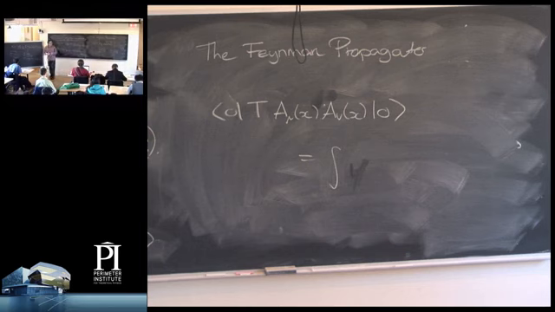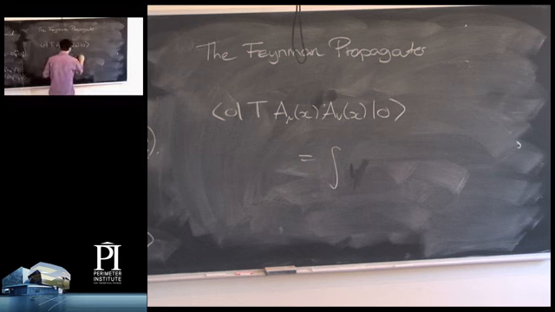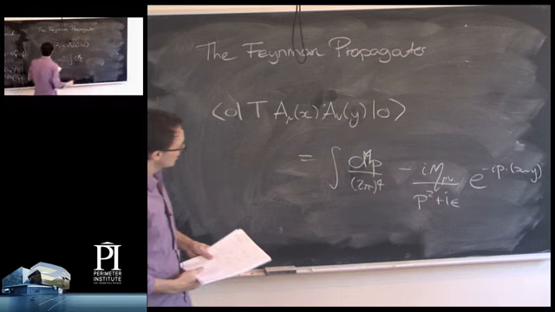You plug this into here, you do the same kind of time ordering contour integrals that we had before, and you get the following expression. Should those be evaluated at the same point? No, thanks.